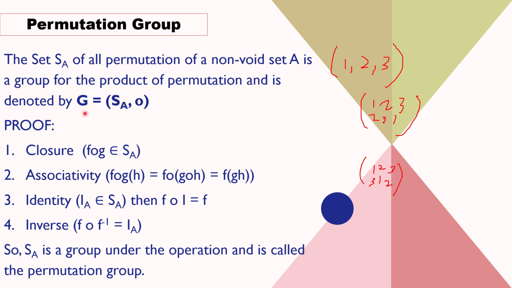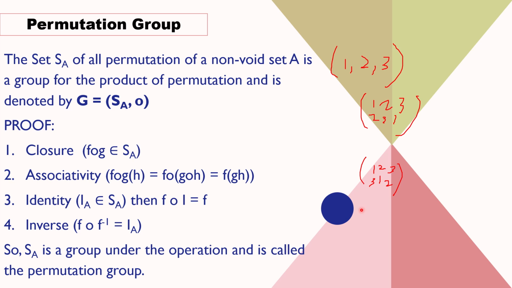When we talk about a group, it means that it will follow the group properties, and in the very first video we have explained what are the group properties, that is closure, associativity, identity and inverse. So if all these 4 properties are satisfied, this group of all the permutations is a symmetric group or a permutation group. It's the same thing, either you say permutation group or you say symmetric group.